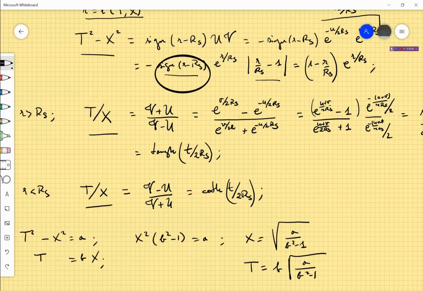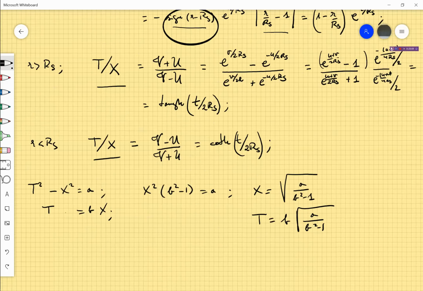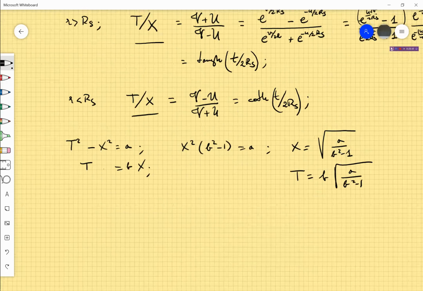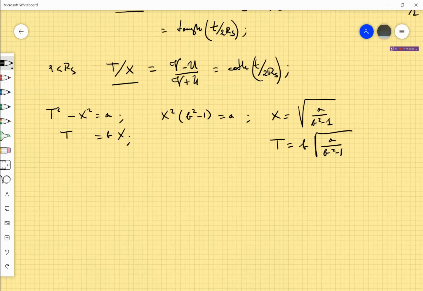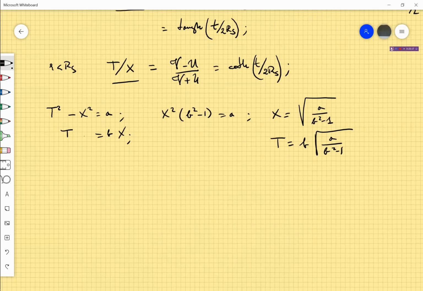Now, A here is this expression. Okay, and of course I have to distinguish between these two cases. So first I have to consider R larger than Rs.